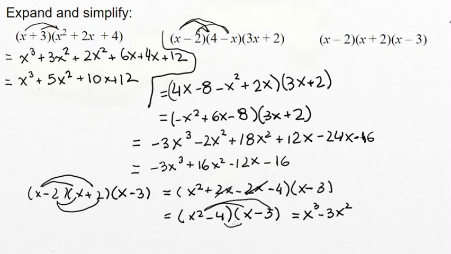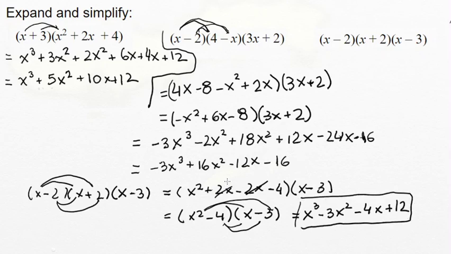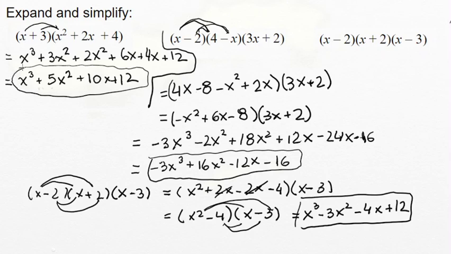Second, negative 4 times x, that's going to be minus 4x. And negative 4 times negative 3, that's going to be plus 12. So this would be our final answer for this problem. This would be our final answer for the second one. And this is our answer for the first one.